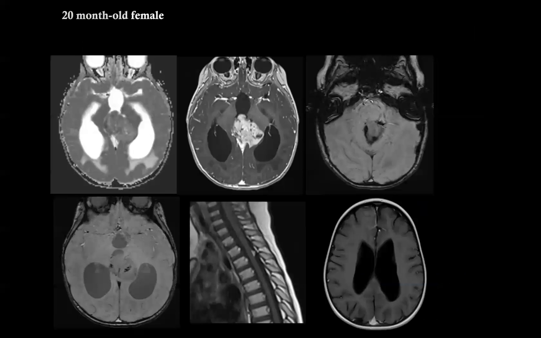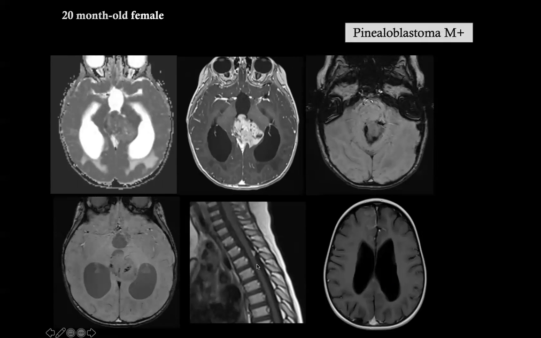This is another case of pinealoblastoma, just to show you that they can be quite aggressive, quite big, heterogeneous. And look at the calcifications. They are at the center and at the periphery. And look at the post-contrast of the spine and of the brain, metastatic leptomeningeal disease. So this is a pinealoblastoma with metastasis.